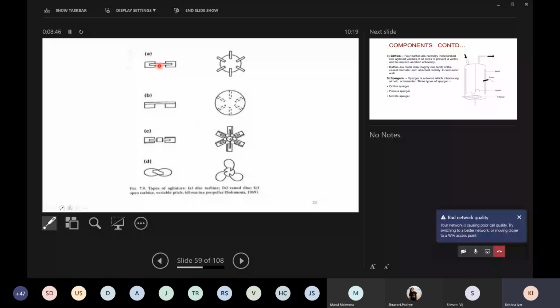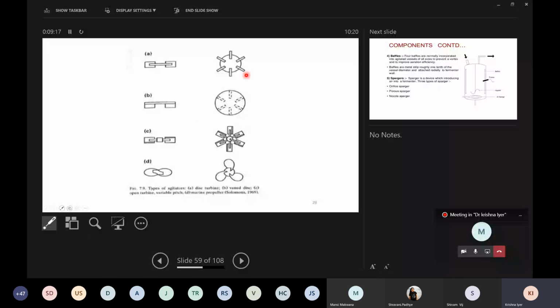There will be little blades, and these blades are going to rotate clockwise or anti-clockwise, mixing the medium. This is very similar to the fan in your house, where you have a very slight angle on the blades, and when you turn the switch on, the fan starts to go round and round, and it mixes up the air in the room and gives you a feeling of air or breeze flowing.